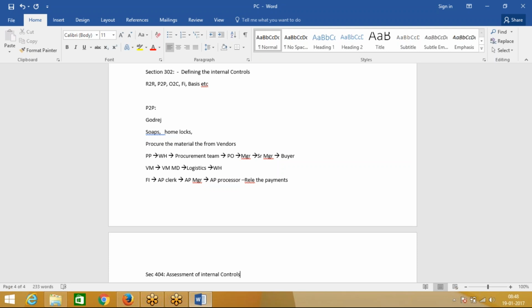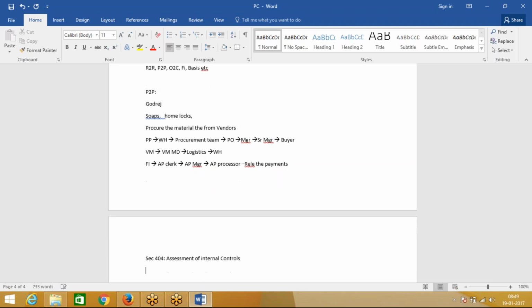That means Section 404 checks whether the defined controls are properly followed or not. If yes, then they give a sign off on each area. If not, then we are delinquent to the process, we are process deficient. In that case, we have to prepare a remediation plan: how can we remove that kind of issue? So remediation we have to plan. That is what we perform under Section 404.